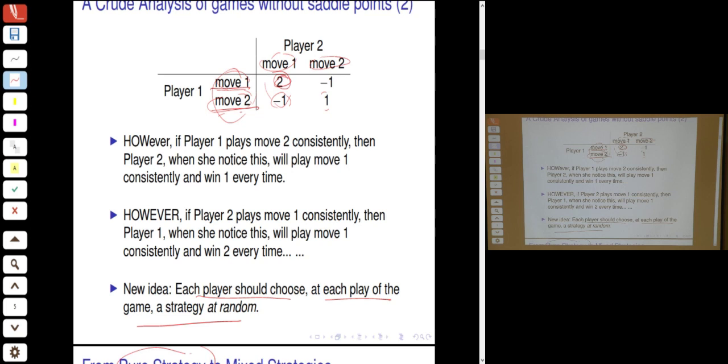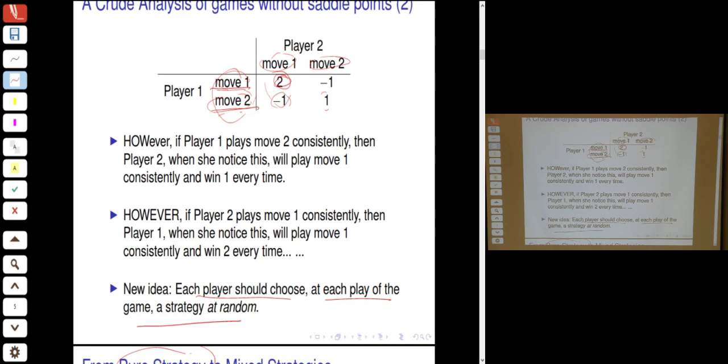But now, this has introduced a new variable in your problem, which is the bias of the coin. So, it's the probability of choosing move 1. This is now a variable, because no one told you what is the best value of p. So, now the question changes from the choice of the best strategy among a possible collection of strategies to the choice of the best probability distribution according to which you should pick your random strategy, so as to maximize your payoff.